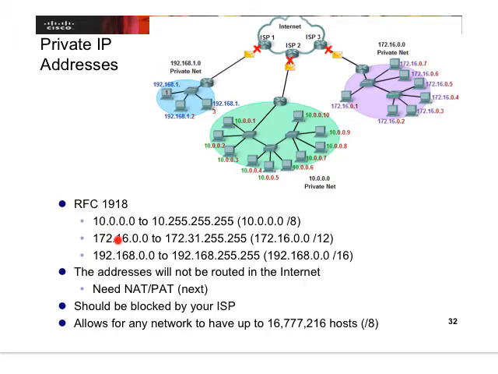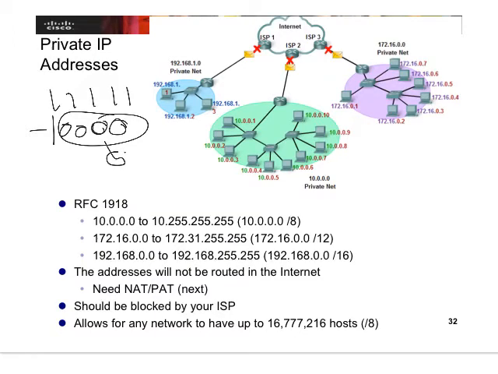The next one is 172.16. When I say 16, I mean the four bits 0, 0, 0, 0 can vary, from 0001 followed by four zeros, which is 16, all the way to 1, 1, 1, 1, 1, which is 31.